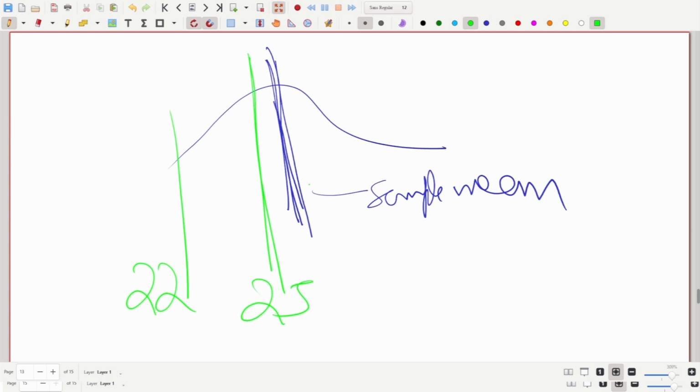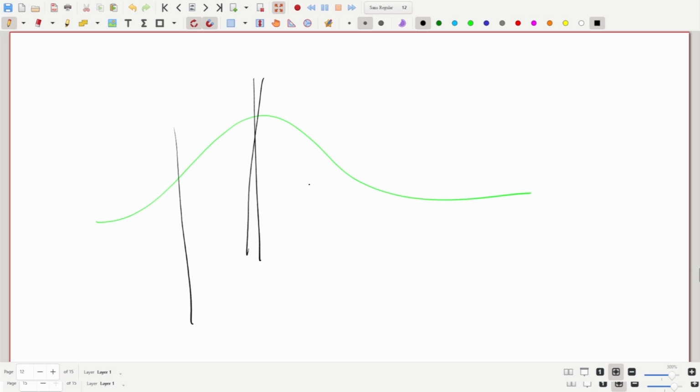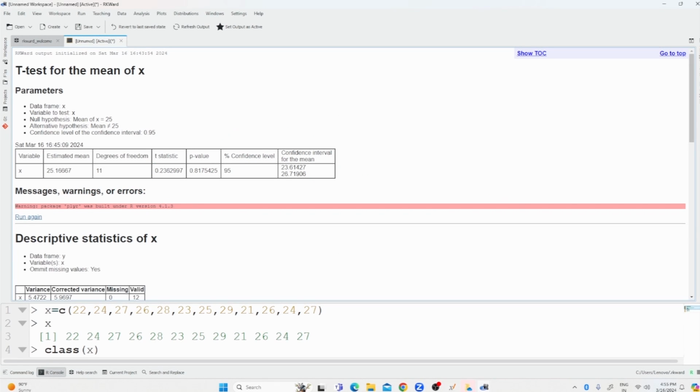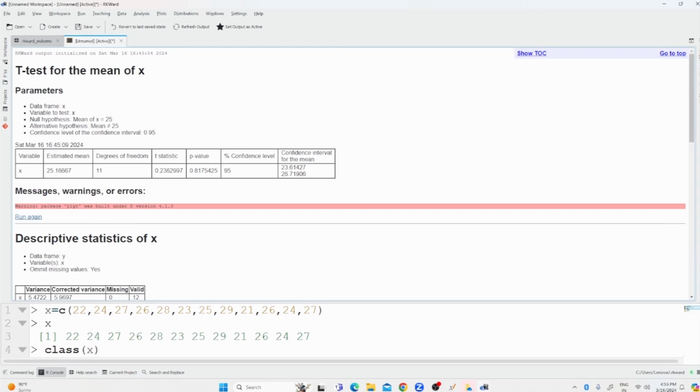Now what is the sample mean doing? The sample mean is trying to tell us, when we take the confidence interval, if this is my sample mean, this is the region of 95%. So our values coming are 23.61 here, 26.71 here, and here we are getting 25.16.